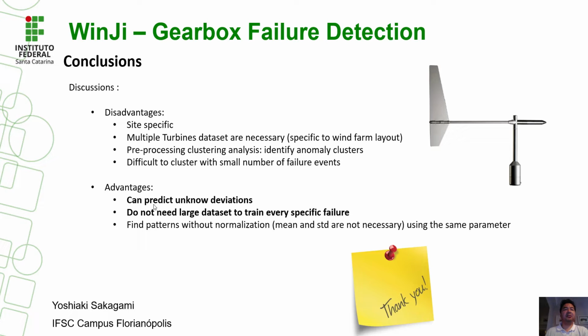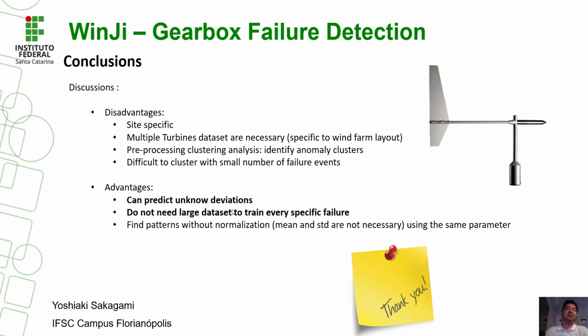The advantage is you don't need a large data set to train. For every specific failure, you train in fact the normal condition. So anything different from the normal condition, the algorithm will detect. And it can also predict unknown deviations.